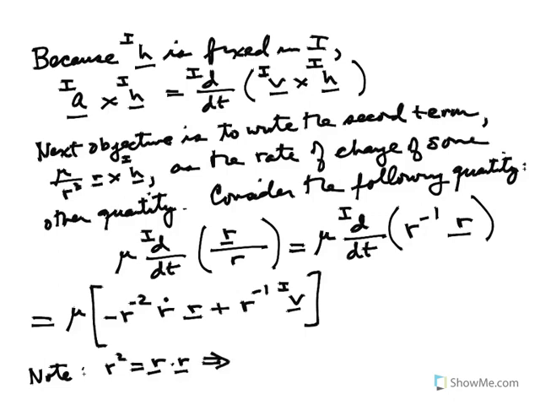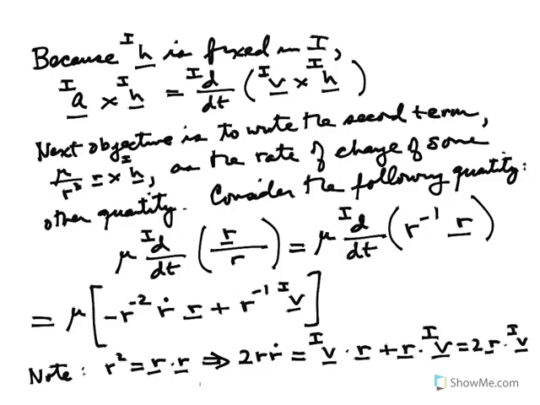Which implies that if I take the rate of change on both sides, I get 2r times r dot equal to the rate of change of r dotted with r, which gives vi dotted with r plus r dotted with vi, the derivative of the first times the second plus the first times the derivative of the second, which is equal to 2r dotted with vi.